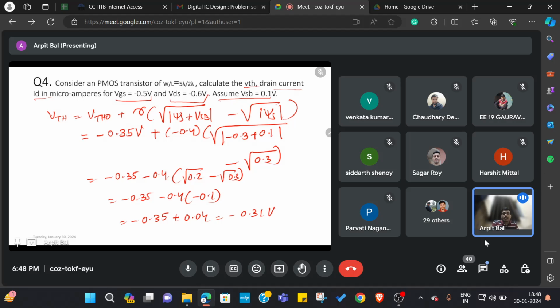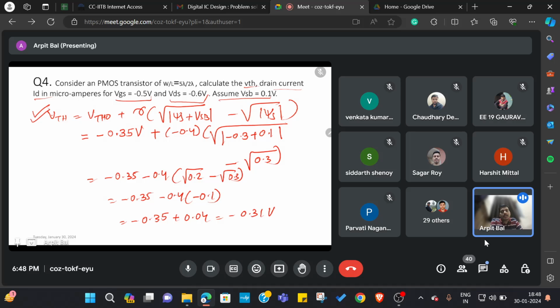Is this calculation clear for everyone, or is there any confusion in the signs that have been used? Writing the equation-wise everything is fine, but when people write the equation for PMOS, they get confused in the sign conventions. So what I will suggest is stick to the same equation.